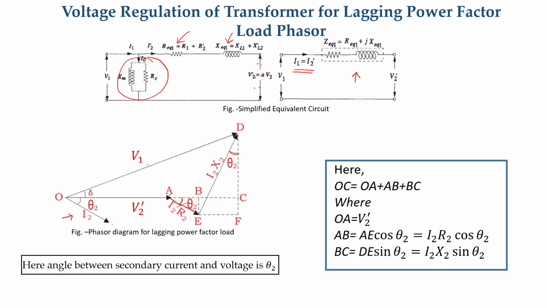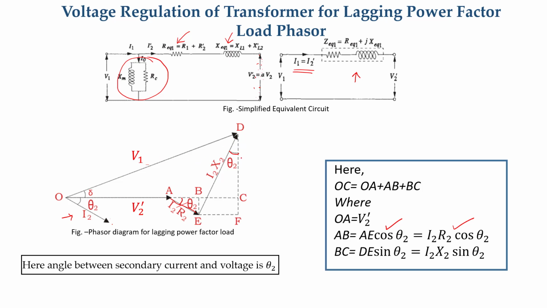Then AB is simply I2R2 cos theta 2. And BC is simply DE sin theta 2, which is equal to I2X2 sin theta 2.